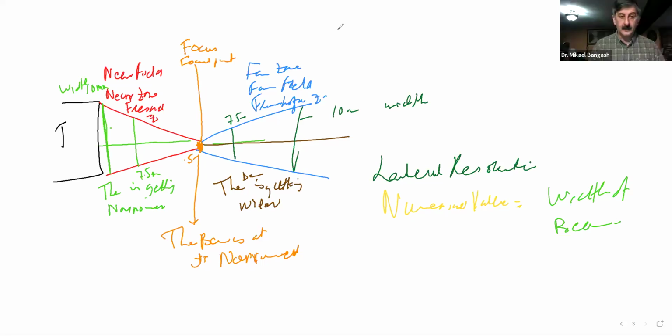Now, what can we say here as we follow the course of this beam? The width of the beam kept on changing, right?